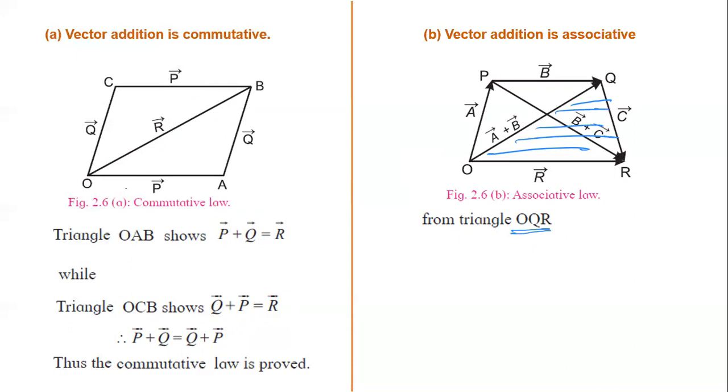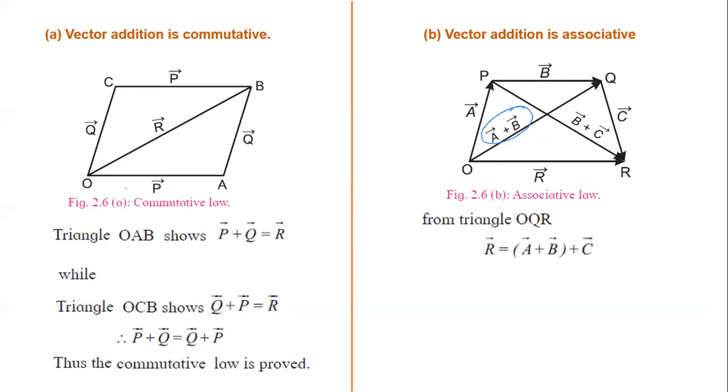In that triangle, by triangle law, we can write R bar is equal to AB bar plus C bar. Now how do we get this AB bar? If we use this triangle, A bar plus B bar is the third side. So this is A bar plus B bar.